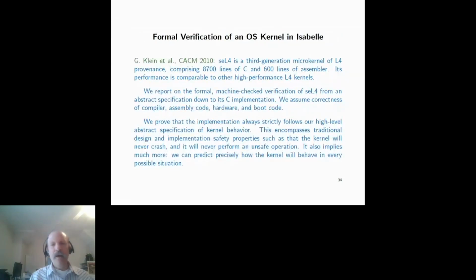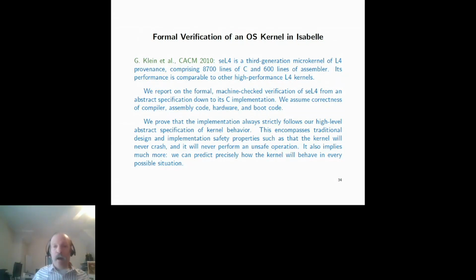For example, an article from CACM in 2010 reported on an ambitious project on formal verification of an OS kernel, actually a microkernel, in Isabelle. The microkernel was 8,700 lines of C and 600 lines of assembler. Because it's a microkernel, it's not a small program, but it's not humongous.